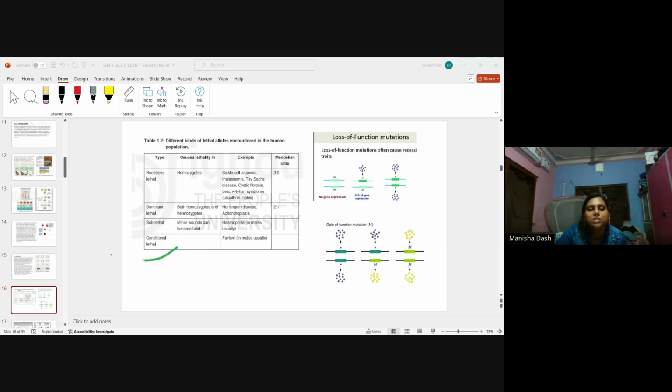Then there is conditional lethal. Conditional lethal means the gene is lethal in certain conditions and absolutely normal in other conditions. An example is favism. Favism involves a kind of pod, a lentil, like a moong dal kind of thing, the faba bean.